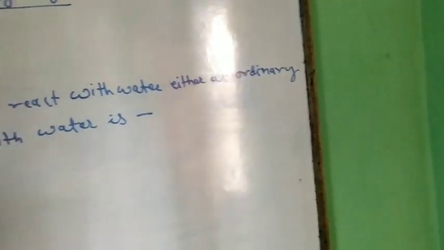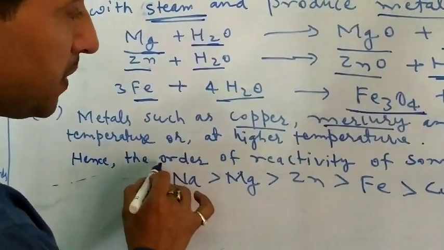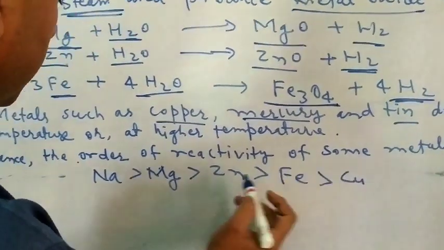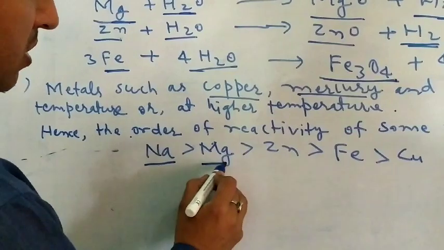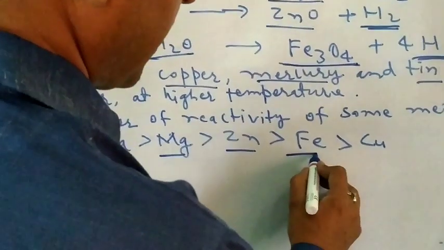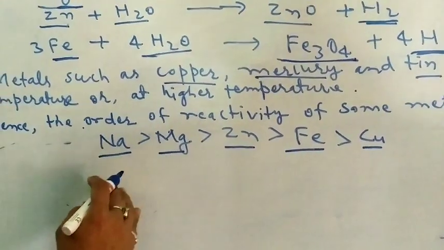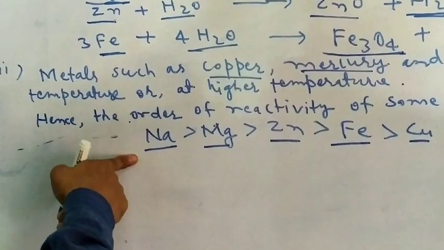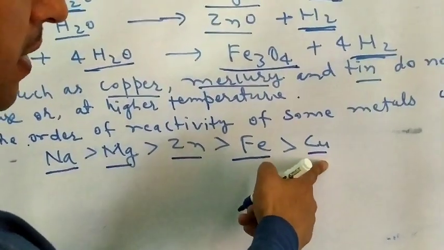So we can prepare our activity series on the basis of these reactions. The order of activity of some metals with water is: sodium is more reactive than magnesium, magnesium is more reactive than zinc, zinc is more reactive than iron, and iron is more reactive than copper. So sodium is the most reactive metal here and copper is the least reactive.